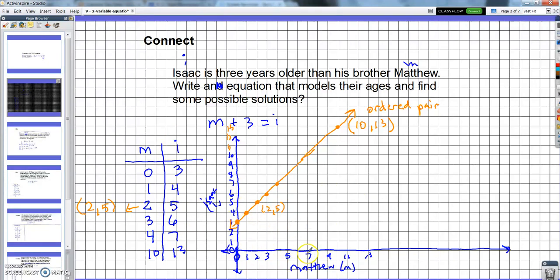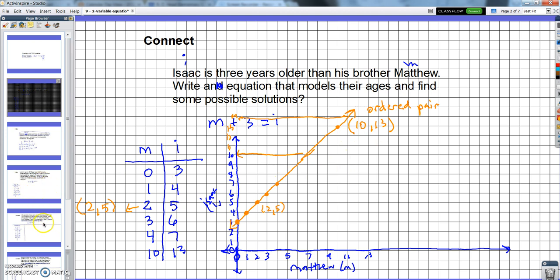I could just go to 7, go up to here on my graph, and see that if Matthew's 7, that means Isaac is 10. And what if Matthew's 11, which we didn't do? Well, I just go to 11 on my graph for Matthew's age, go up to my line, and it is a line, and say, oh, well, look at that. That means he's 14. And so I can check any ages I want after my line's drawn.